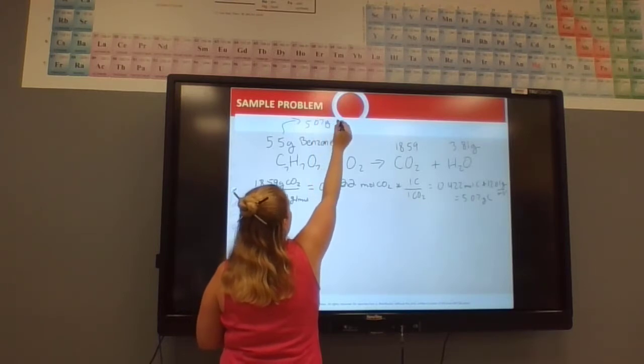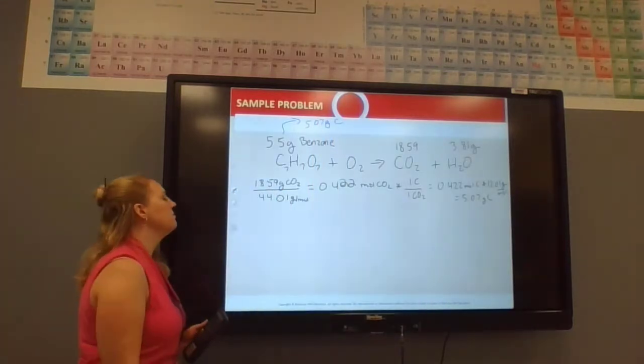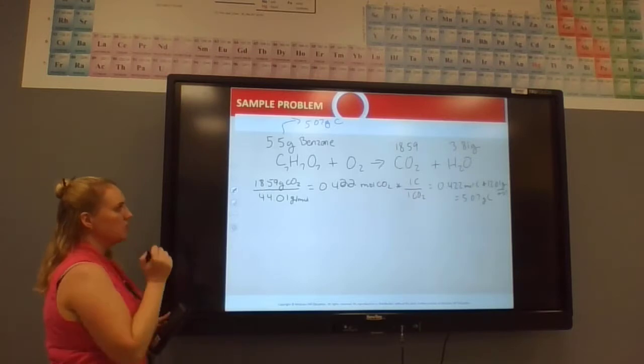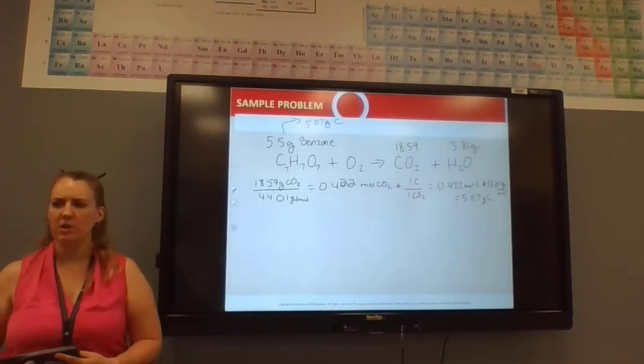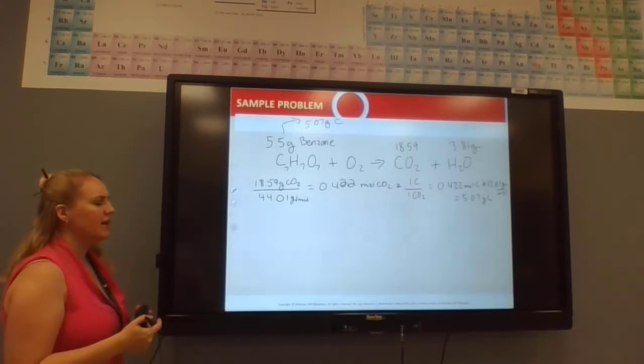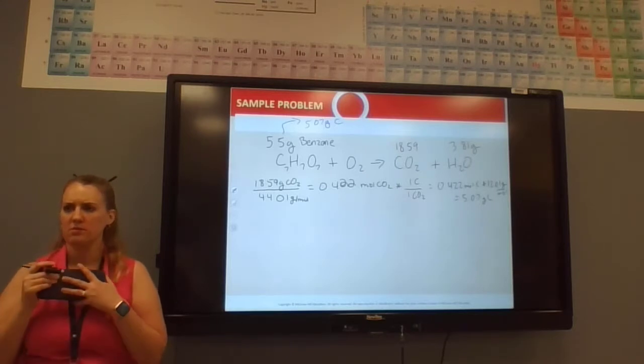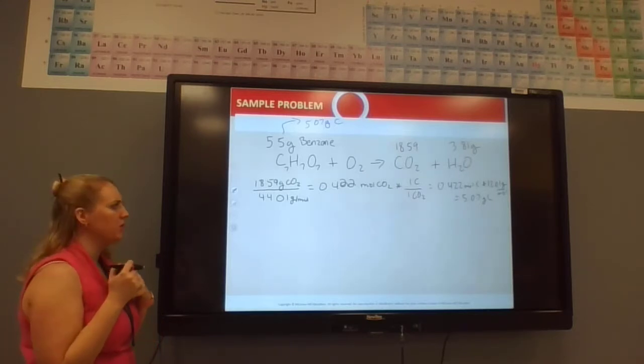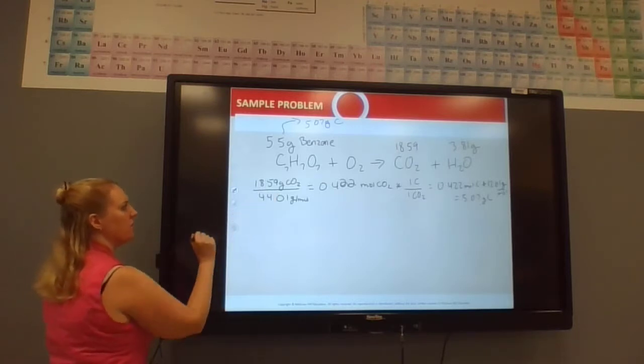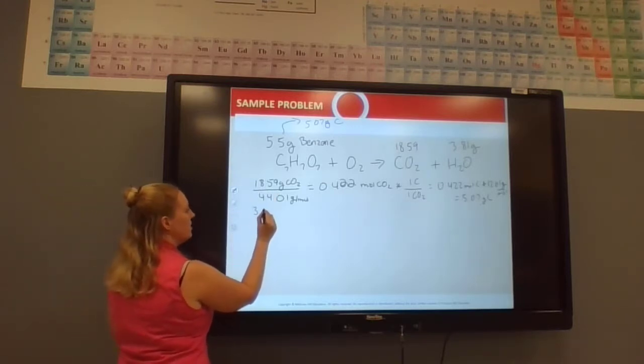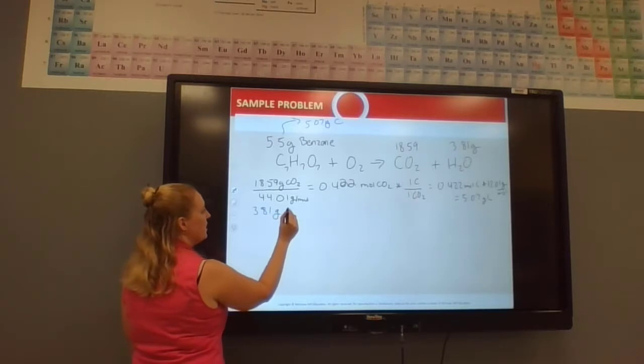Let's keep working and figure out how much of it's hydrogen and oxygen. So how do we figure out how much is hydrogen? Same way, but starting with what compound? H2O. 3.81 grams of H2O. Divide by the molar mass. What's the molar mass for water? Good.